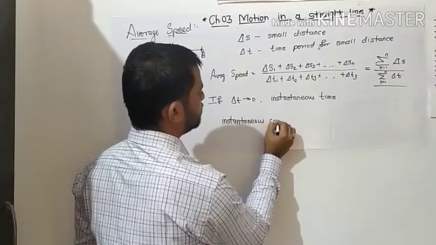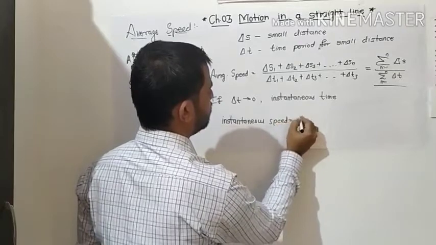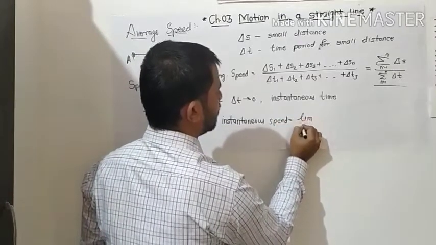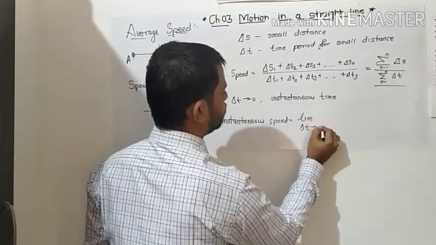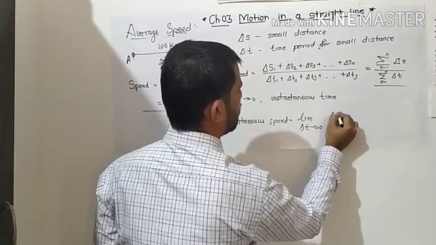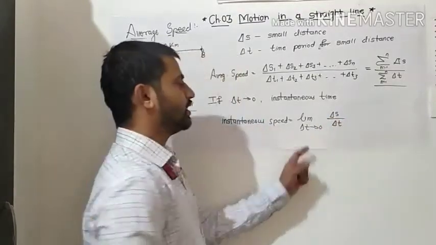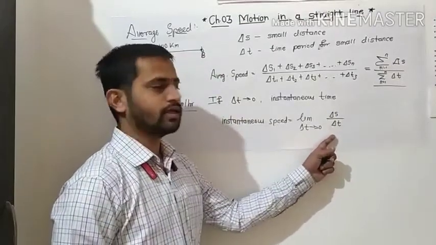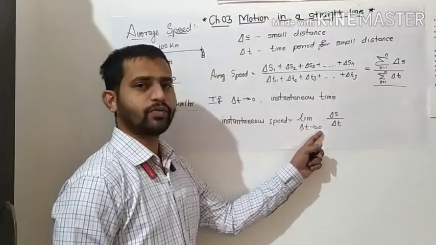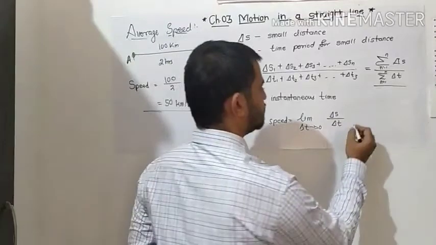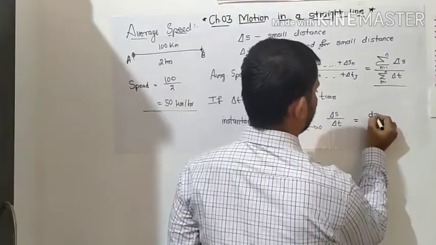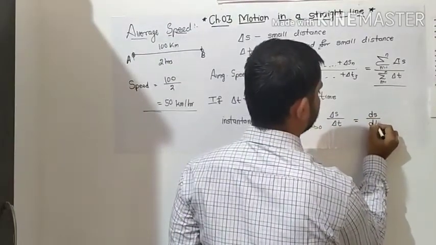We can give instantaneous speed as equal to limit delta t tends to 0 of delta S upon delta t. So we are taking delta S upon delta t with delta t approaching 0, so we can write it as ds upon dt.